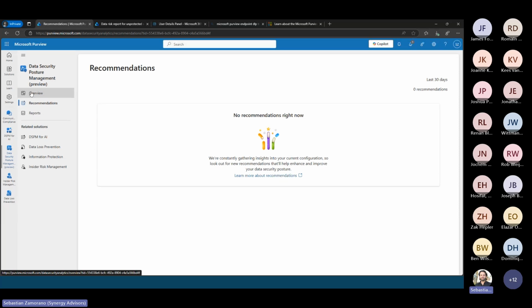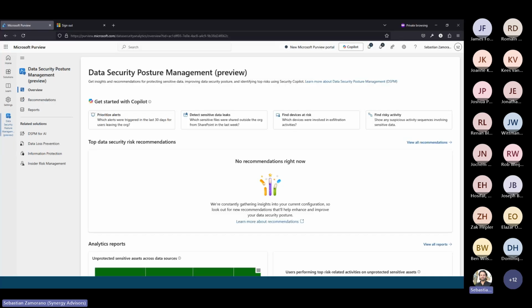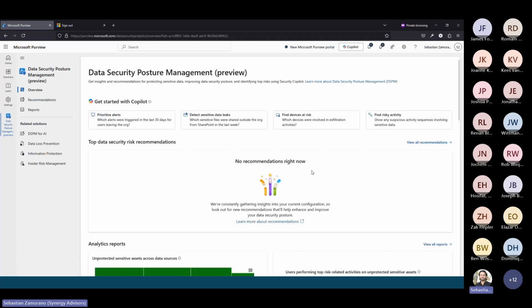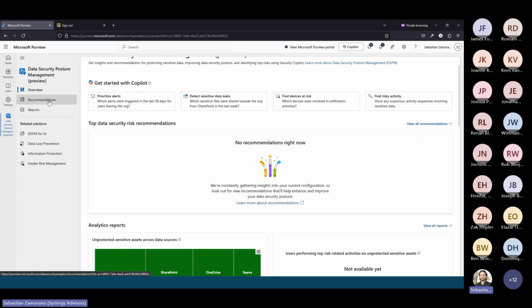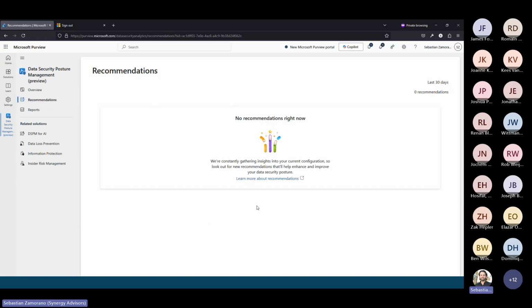Okay, I remember in this one, I don't have the exercise. Give me a moment. Okay, here, this is another tenant. I don't have Copilot, and you can see that the prompt is disabled. But if I go to recommendations, I can see that in this case, I was playing with endpoint DLP with some sensitive information types that were not protected, and several other recommendations.